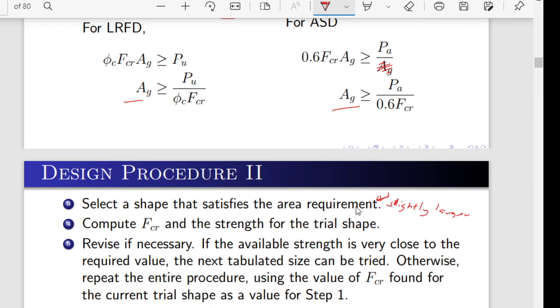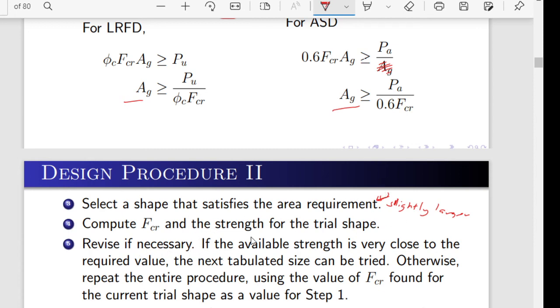If less than 200, okay, because 200 is the limit. Then compare that KL over r to the value 4.71 square root of E over Fy. If you remember that one, it is in the AISC equation. So we can remember it later.